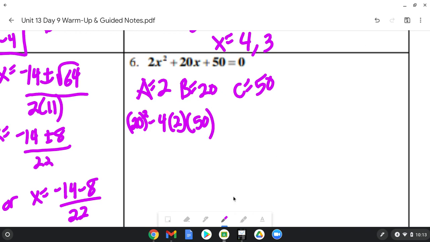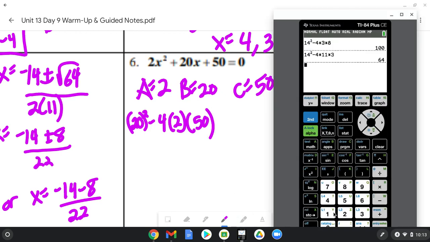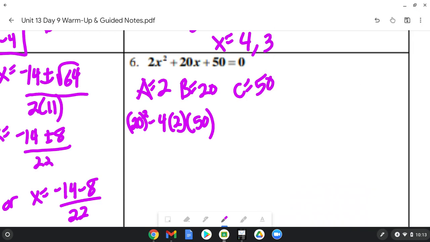So let's see what we get here. 20 squared minus 4 times 2 times 50. We get 0. So that's an easy one.